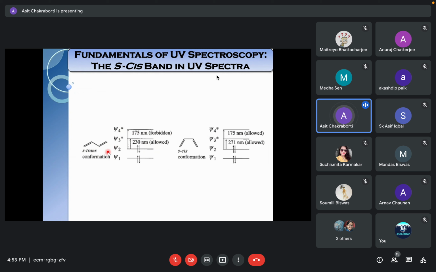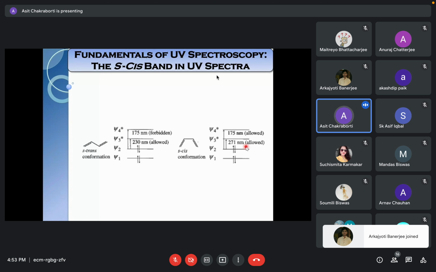But the moment the molecule converts into the S-cis form, two things take place. The way a homoannular diene has a higher lambda max value than the heteroannular, here also there is a similar kind of orientation effect. The lambda max value of the earlier prominent transition goes from 230 nanometer to 271, but we are not discussing UV at length, so you will learn why it is so.